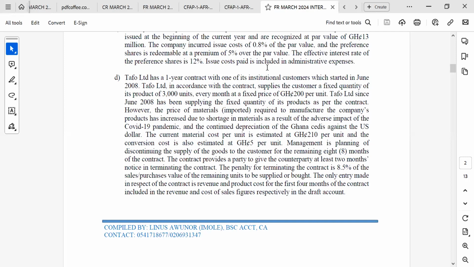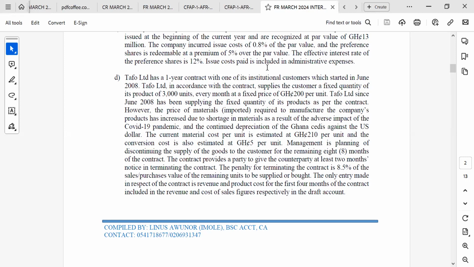This 24,000, we are going to determine the cost of producing the 24,000 and the benefit that we'll be getting from it. Okay. The contract price is 200. However, the price of materials imported required to manufacture the company's product has increased due to shortage in materials as a result of the adverse impact of the COVID-19 pandemic and the continued depreciation of the Ghana cedi against the US dollar.